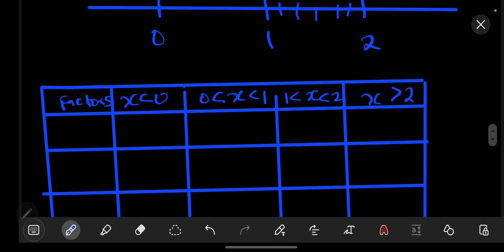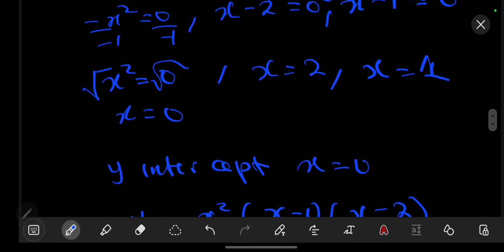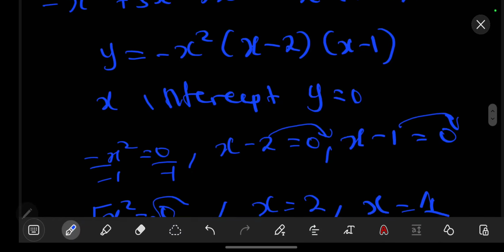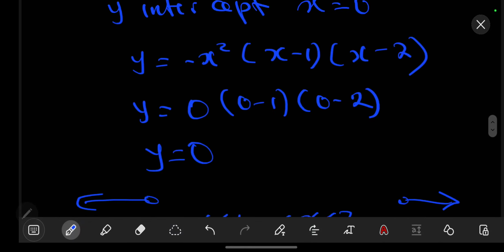So now, we are just going to write our factors. So we had our negative x squared, we have our x minus 1, like that. We also have our x minus 2. Then whatever we will have, that's our y value. So those are our factors, our x minus 1 and our x minus 2.